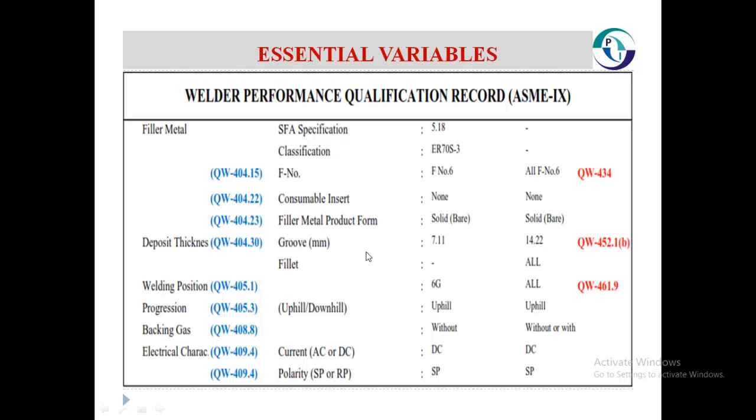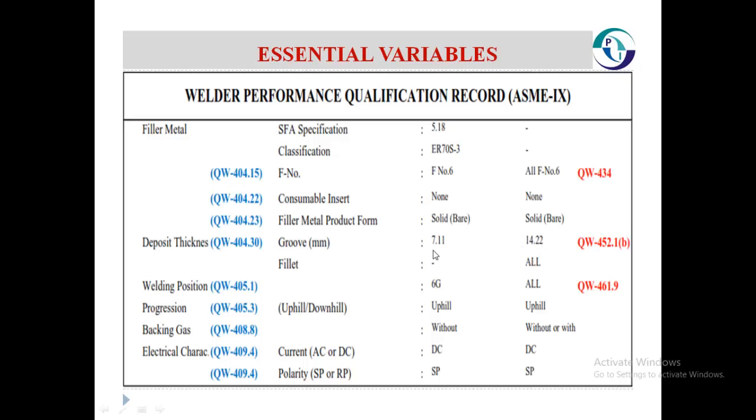If the test coupon thickness is less than 13 mm as per QW 452.1b, then the qualification thickness will be 2T.